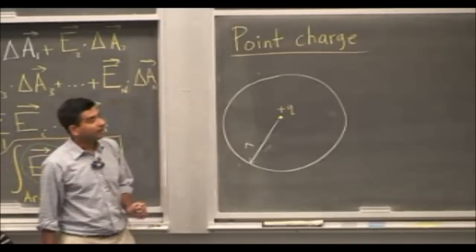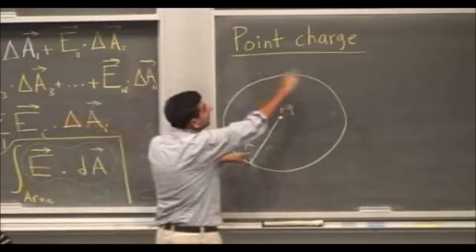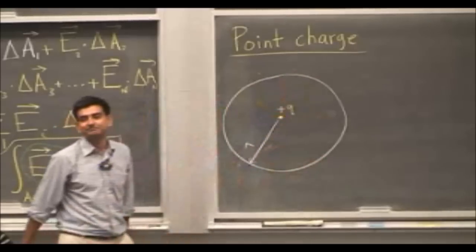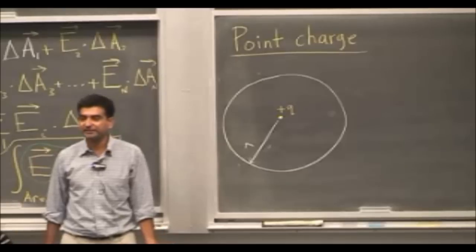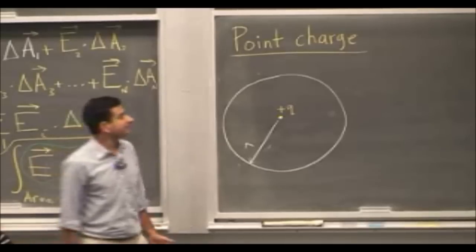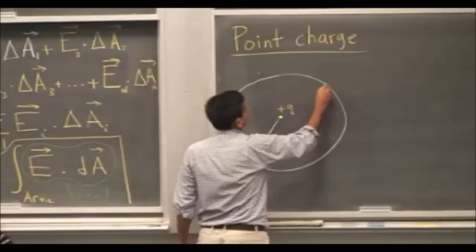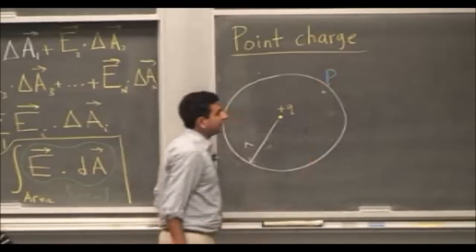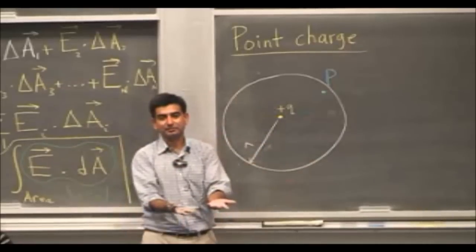Now, I know that the field is spherically symmetric. So, at all points on this surface, the field is constant. It's uniform. This is something I already know. Suppose I take some point P on the surface. Now, I haven't drawn it on the circle because it's 3 dimensional.